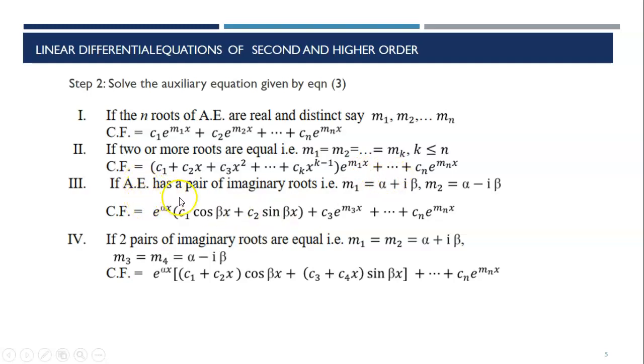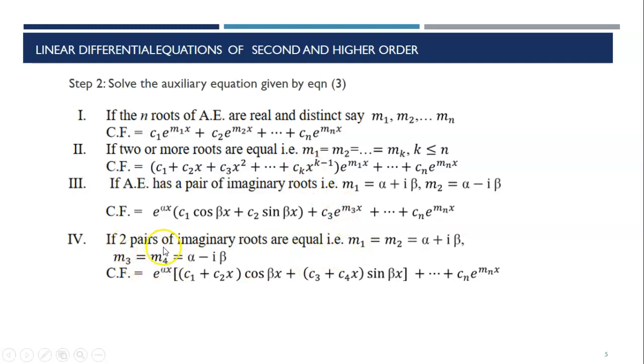Suppose the auxiliary equation has a pair of imaginary roots, that is alpha plus or minus i beta. The complementary function is e power alpha x into c1 cos beta x plus c2 sin beta x, plus the remaining roots, which are real and different, and we can continue as in the first case.